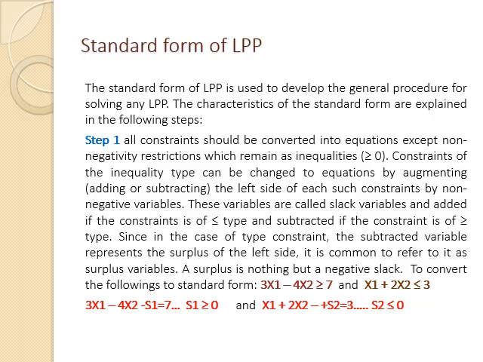These variables are called slack variables and added if the constraint is of less or equal type, and subtracted if the constraint is of more or equal type.